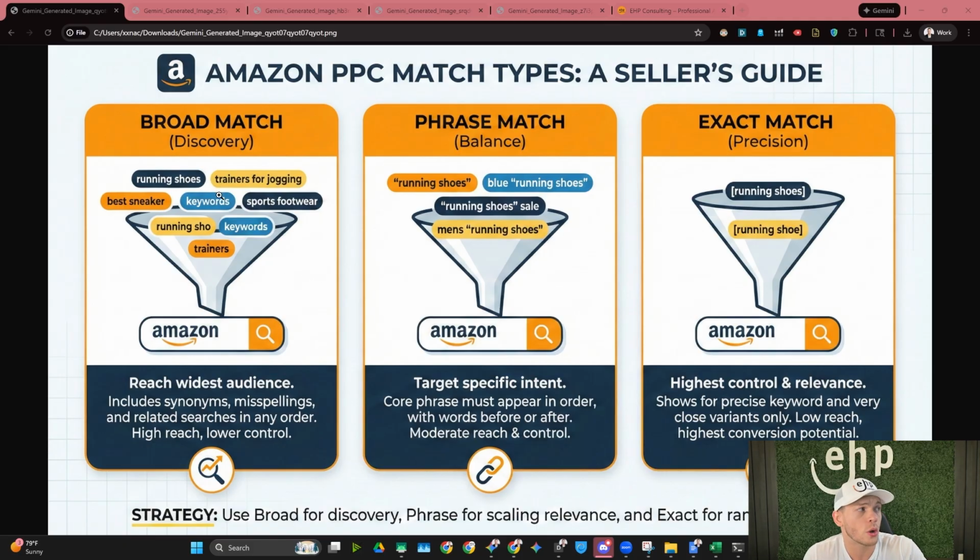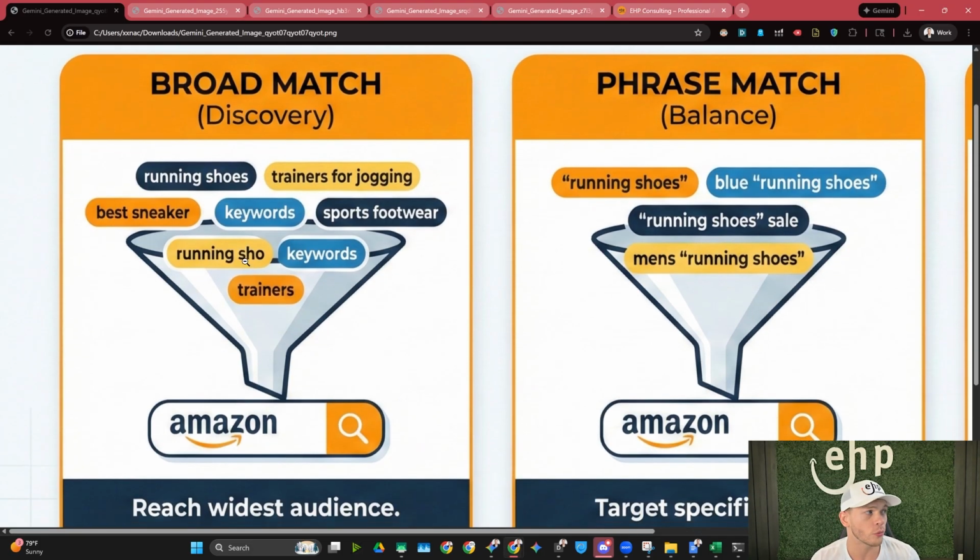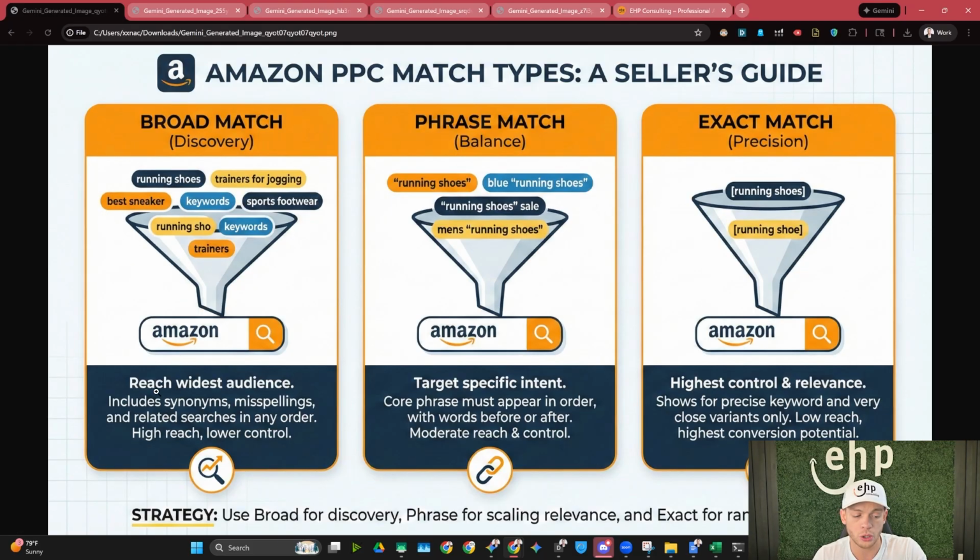First, we're focusing on broad match. That's the one all the way to the left, right? And this is discovery. This is where you can put in running shoes and it's going to change it around and try to find the best keywords for you. It's great for research. Broad match reaches the widest audience and includes synonyms, misspellings, and related searches in any order.